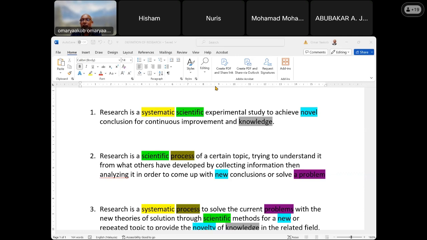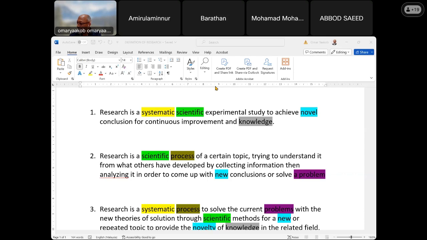Okay. Anybody disagree or agree with that? Please add on. Actually, in the beginning, it is scientific because we want to differentiate between another type of writing.